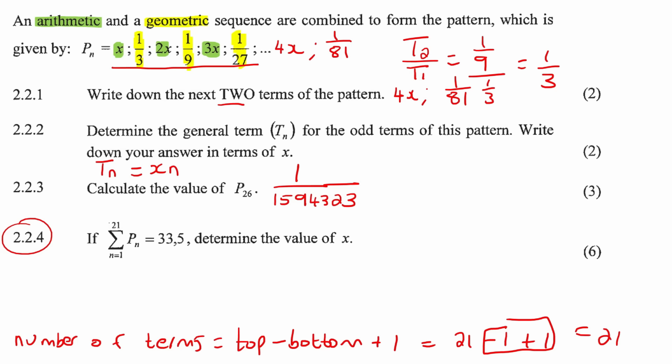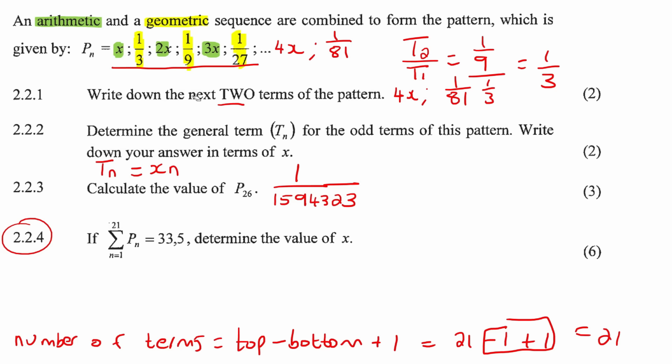And so in your head, you have now subconsciously been made to believe that this number represents the number of terms. But it's only true when this number at the bottom is 1. So just rather remember this, okay? So there are 21 terms.